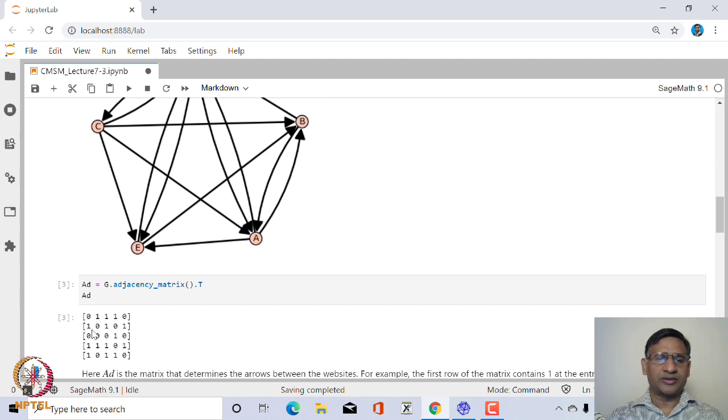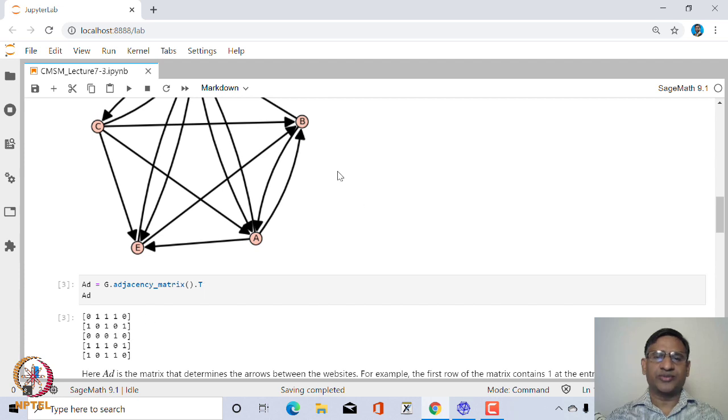If you look at this second row, then you can see 1 at C and D, 1 at C and E. So those are the links. There is no link from C to B. So the row represents the incoming links, whereas the column represents outgoing links.